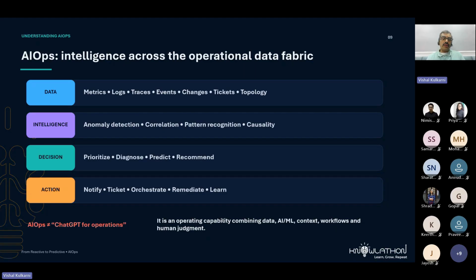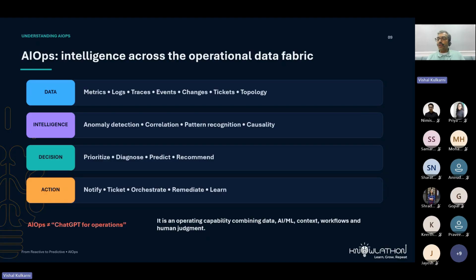Typically, the way this has been summarized by Dynatrace, they say that AIOps is using AI to ingest data from across the stack. It allows us to identify the issues, reveal the answers, and typically it comes up with recommendations on whether you can execute anything in an automated manner, which will probably save our time.